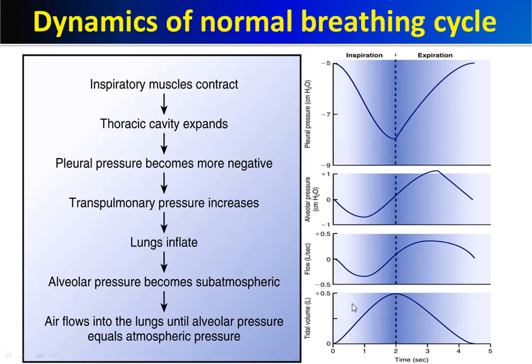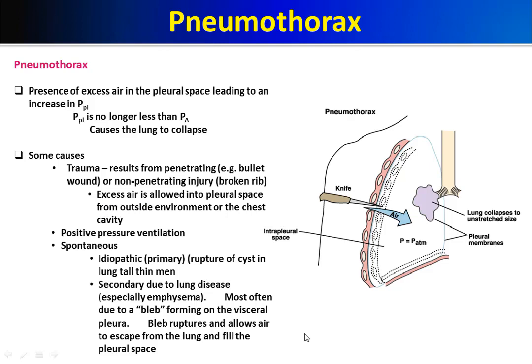So this is the volume of air which gets in and out. Approximately 0.5 liters of air gets in during inspiration, and the same volume gets out during expiration, and we call this volume the tidal volume.